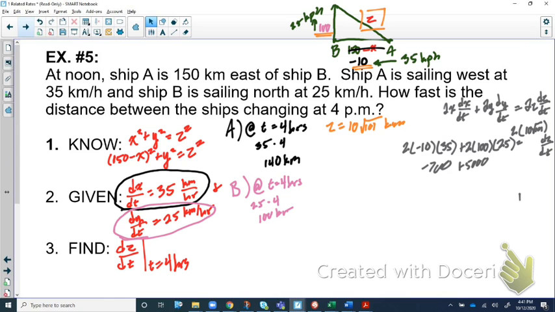And let's just go ahead and simplify that, because again we're running out of space here. So that would be 4,300 is equal to 20 radical 101 dz dt. So now we divide 4,300 divided by 20 radical 101 equals dz dt.